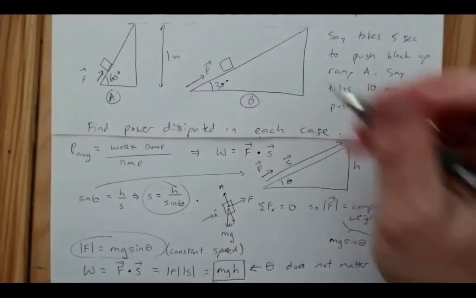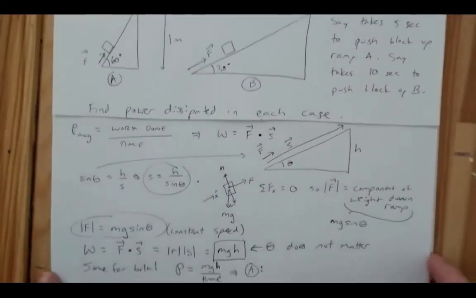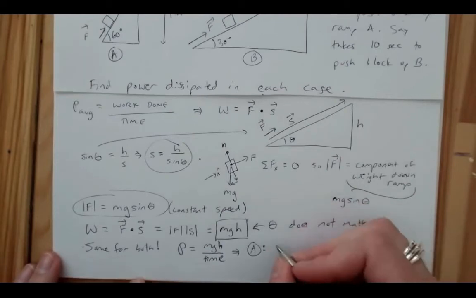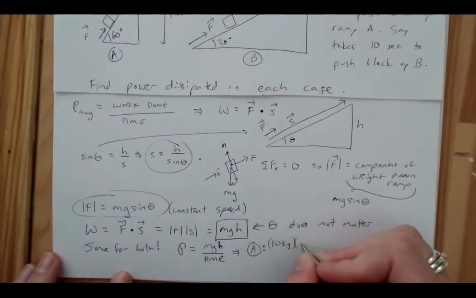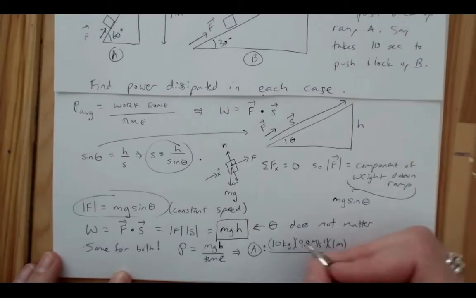And if we look here, we have 10 kilograms. And then for the height was 1 meter. So we're going to have here 10 kilograms times 9.8 meters per second squared times 1 meter over 5 seconds.